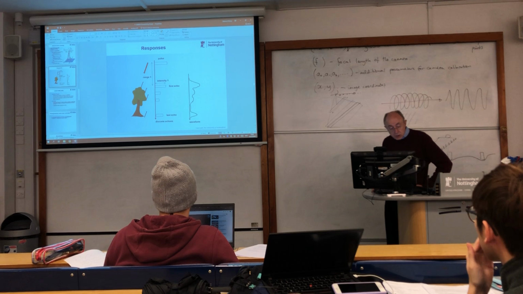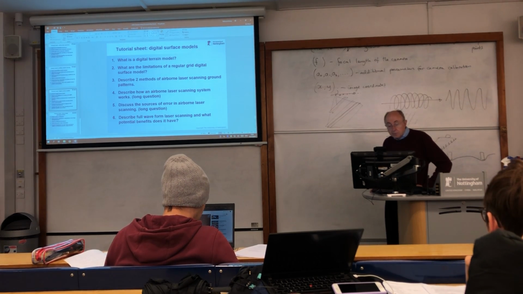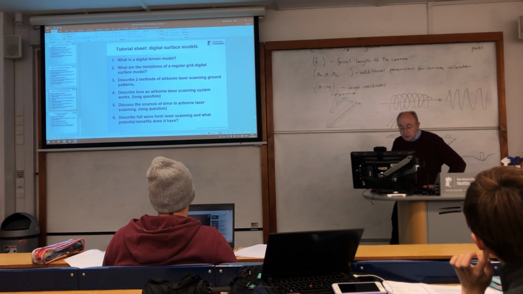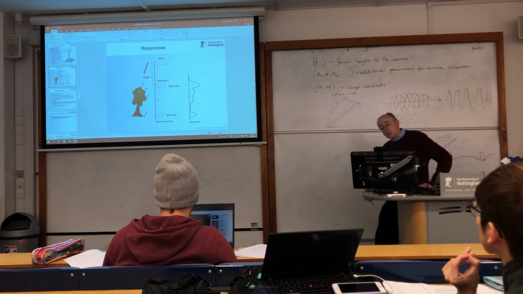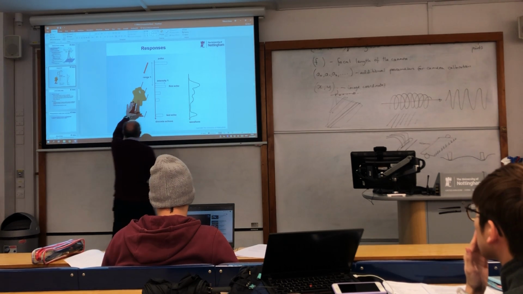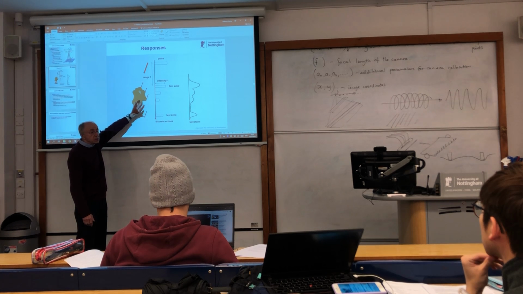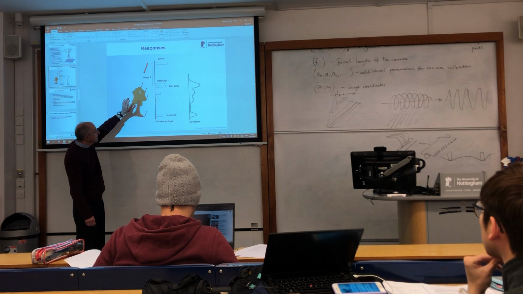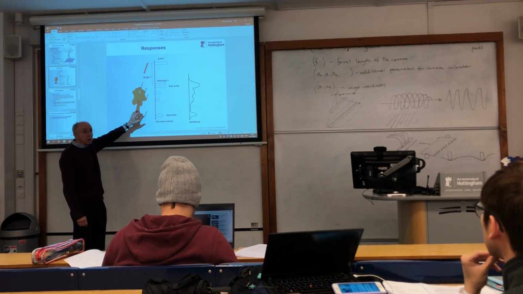And the final question there was to do with describing full waveform laser scanning and what potential benefits it has. Well, there's the full waveform scanning, and the potential benefits are that it gives you some idea, particularly with vegetation, what type of vegetation it is, and the condition of the vegetation, and the height and the density of the vegetation.